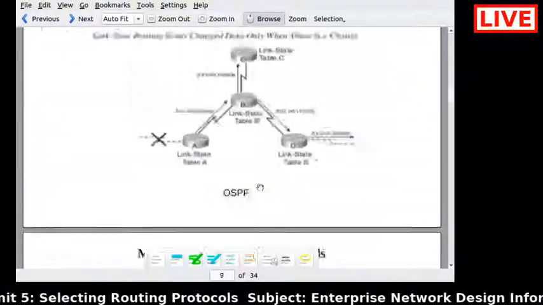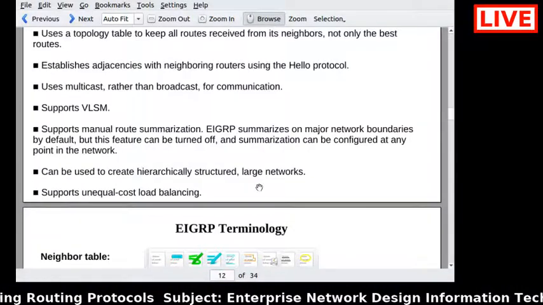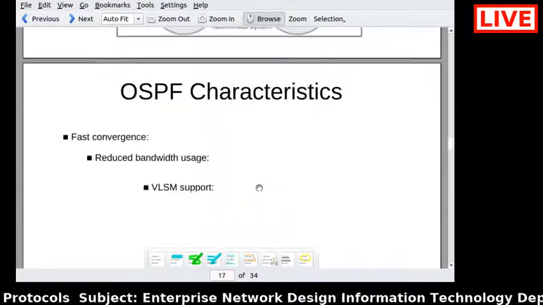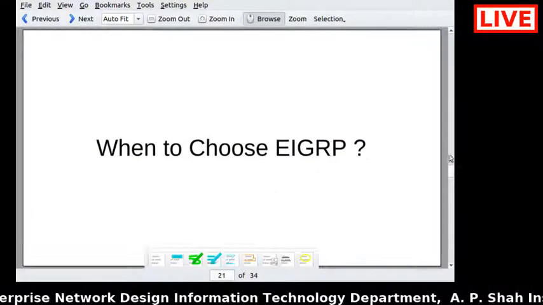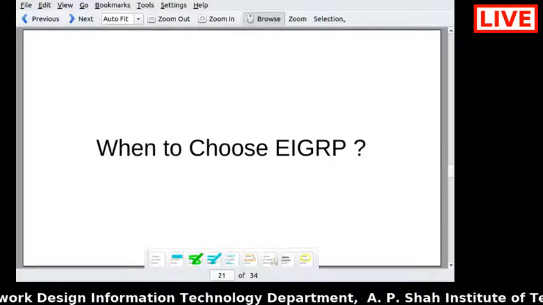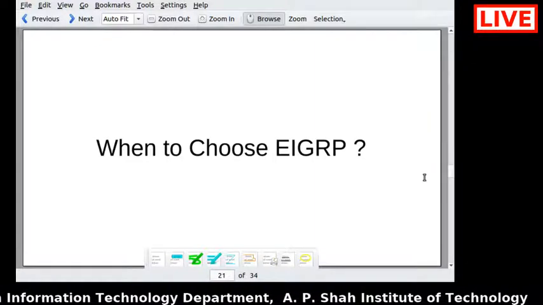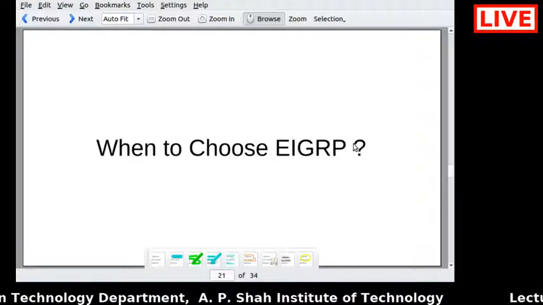We have covered this in the last session, so I will go directly to that. Before that, in the last session we already studied EIGRP, OSPF, and all that.